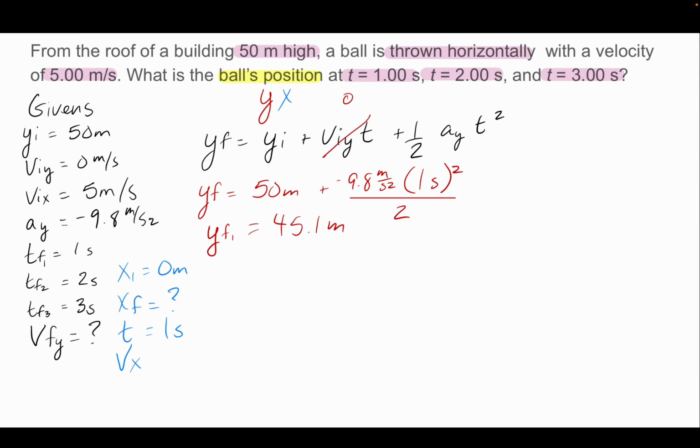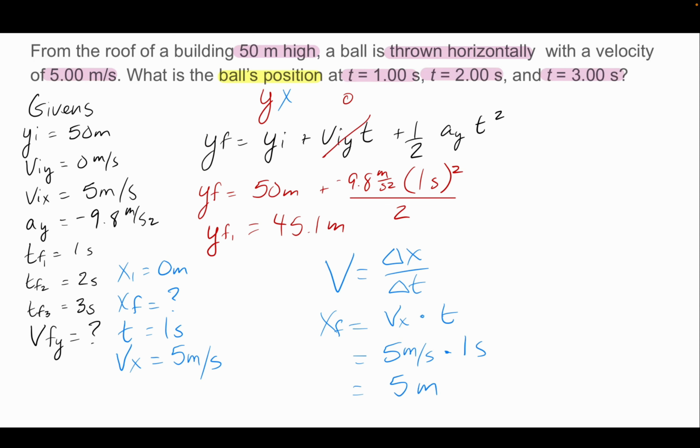Your vx is 5 meters per second. So it's good old-fashioned v is equal to delta x over delta t. You're just rearranging here. X, and by x I mean x final, because x initial is 0, is going to be vx times t, which is equal to 5 meters per second times 1 second. So that's going to be 5 meters.